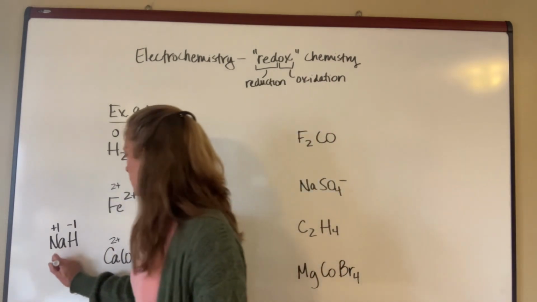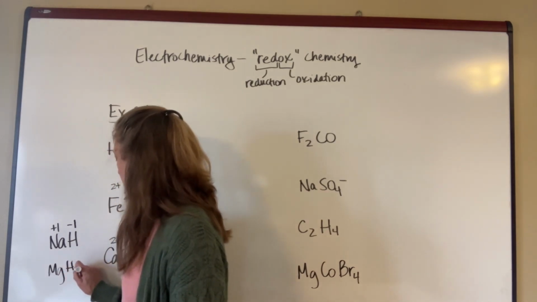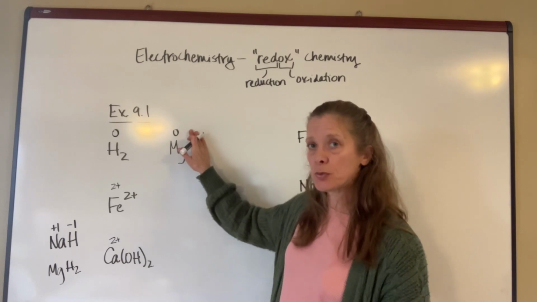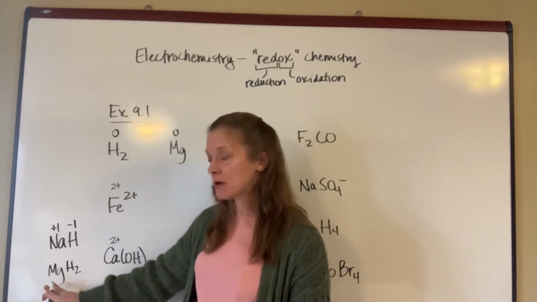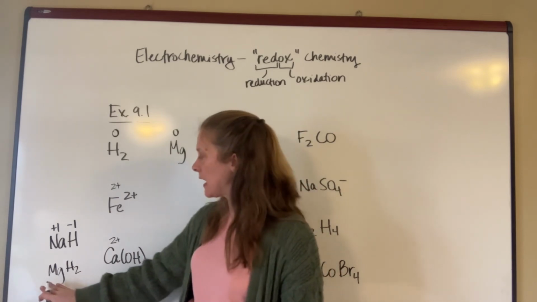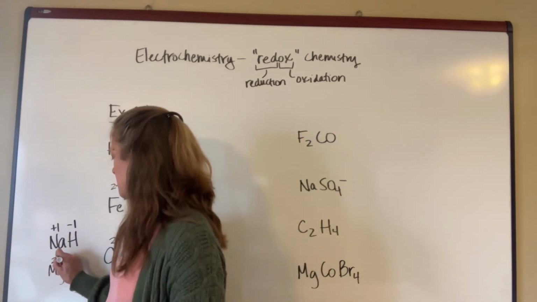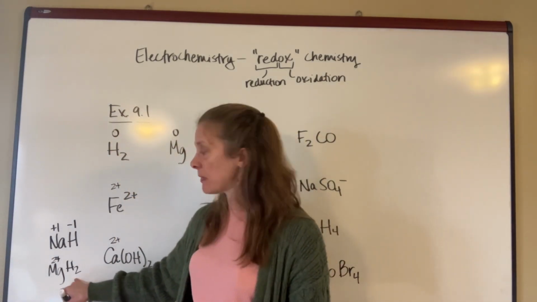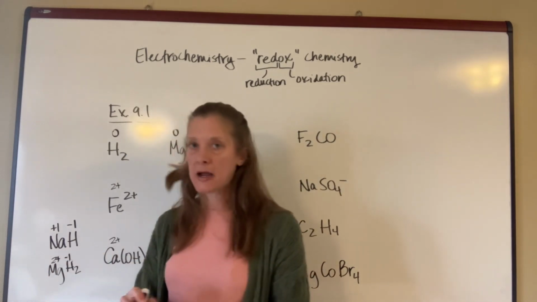If I had something like magnesium hydride, now up here, the magnesium was by itself, and so its oxidation number was 0. But here, the magnesium is combined with a hydrogen, and because it's combined with something else, now the oxidation number is going to be a positive 2, and the hydrogen, because it's combined with a metal and with nothing else, will have an oxidation number of -1.